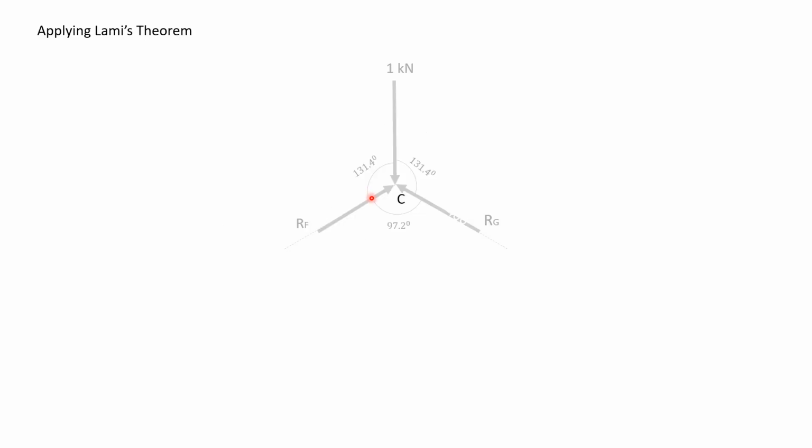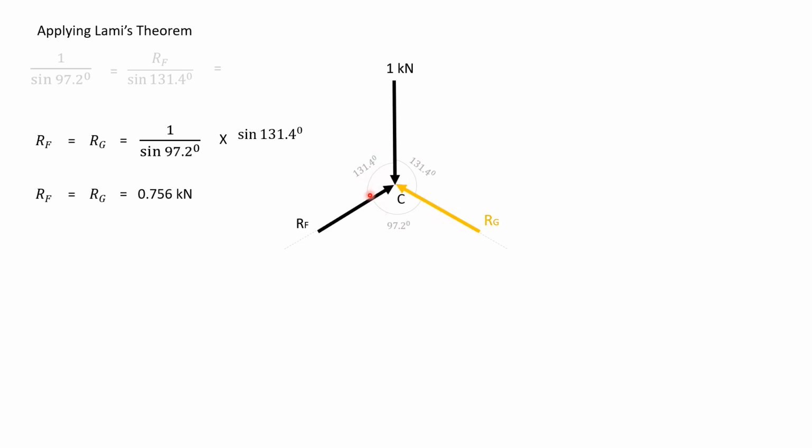Now applying Lami's theorem, 1 kilonewton by sine of the angle between the other two forces, 1 kilonewton by sine of 97.2, equals RF divided by sine of the angle between the other two forces, sine of 131.4 degrees, equals RG by sine of the angle between the other two forces, sine of 131.4 degrees.